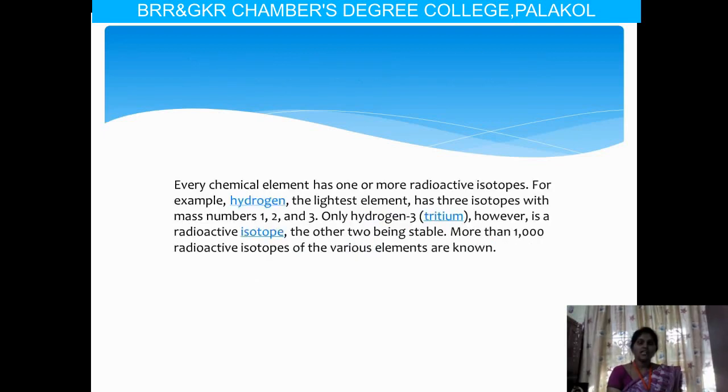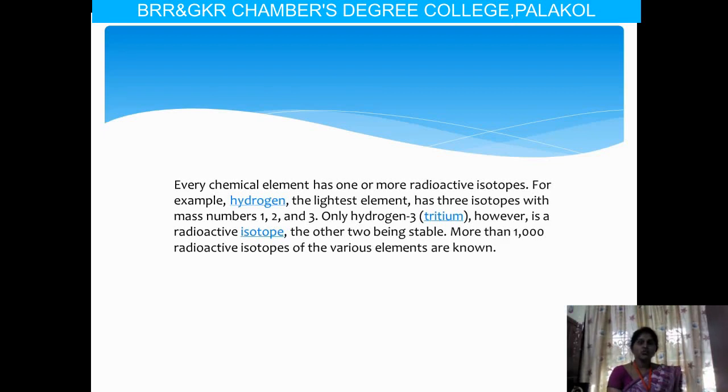Every chemical element has one or more radioactive isotopes. For example, take hydrogen, the lightest element. It has three isotopes with mass numbers 1, 2 and 3. Only hydrogen-3, which we call tritium, is a radioactive isotope.